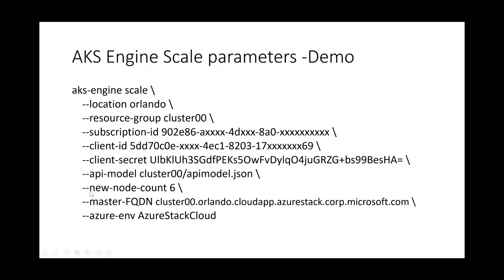The only thing that is different here are two things. One is the new node count. In this case, we're going to change the Kubernetes cluster to a different number of machines, and we're going to deploy with that extra number of machines, or we're going to decrease the number of machines. And we're going to provide also what we call the master FQDN, which in reality should be called the Kubernetes server API, right? Because it's the endpoint to the API.